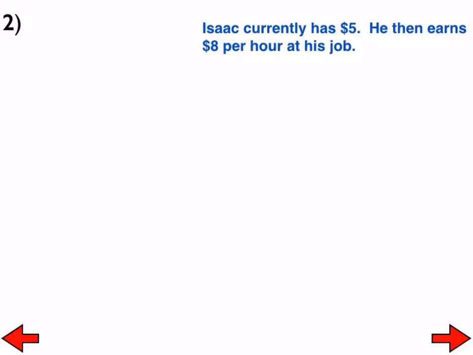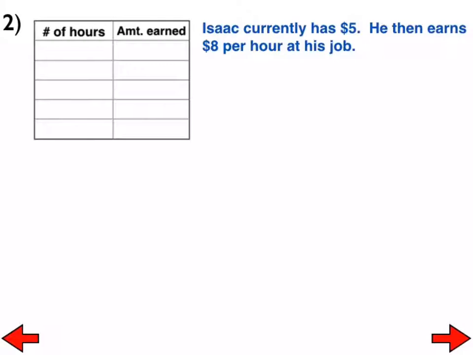So now I have a new table. So at 0 hours, how much does Isaac have? $5, right? We will end up calling that the initial value because that's how much he has at the very beginning before he starts working. Now he earns $8 per hour at his job. So after 1 hour of working, how much money does he have? Tell me, please. $13.